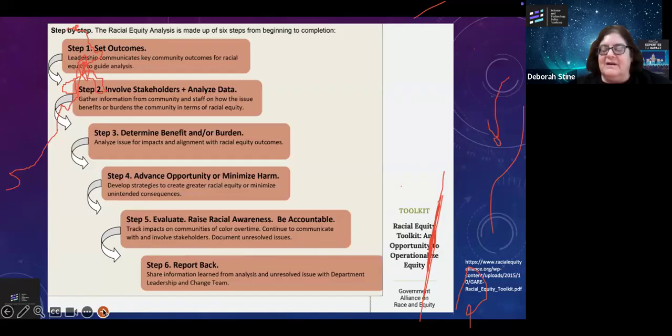But there's no reason it can't be used for all kinds of equity, not just racial equity. Even when you look at this, you'll see that if you take out the word racial, they all still make sense. But of course, if you are doing racial equity, it's certainly fine to include it.